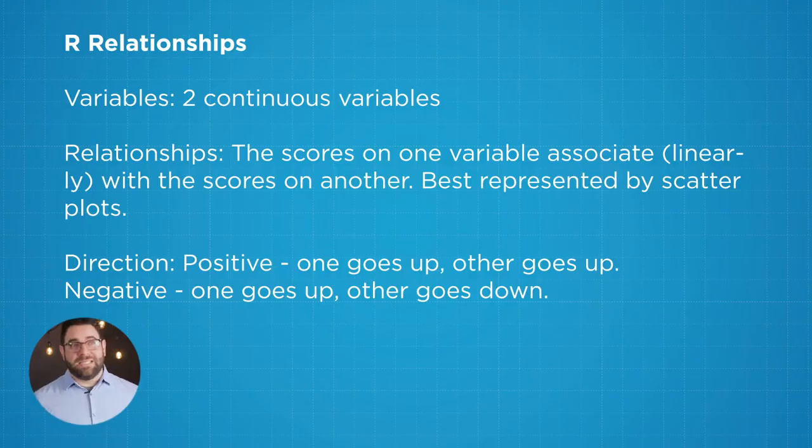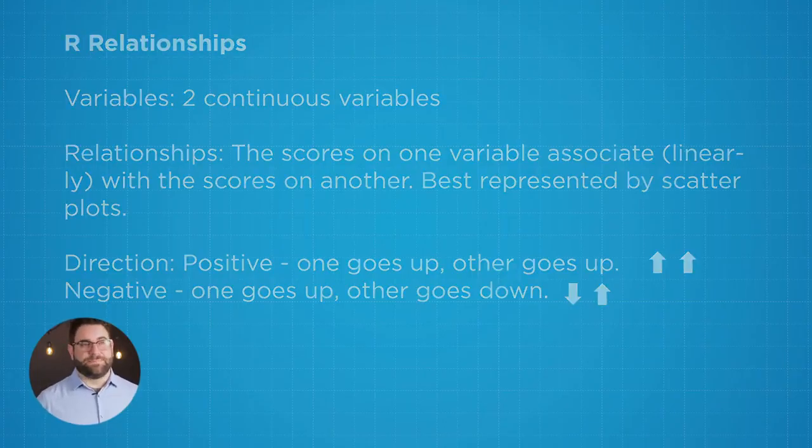So it may be positive, in other words, as one variable goes up, the other variable goes up, and negative relationships. As one variable goes up, the other variable goes down. We always need to differentiate within our relationship, is it positive or negative? This tells us a lot of information about how these two continuous variables are related to one another.